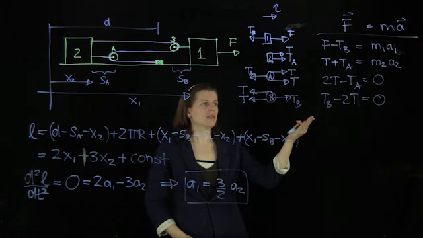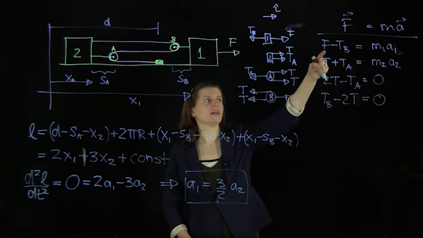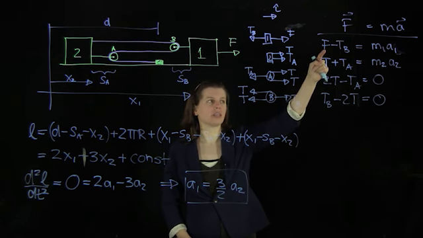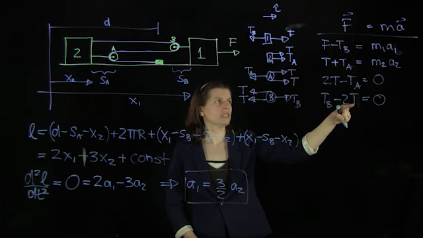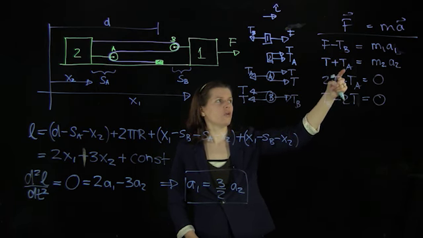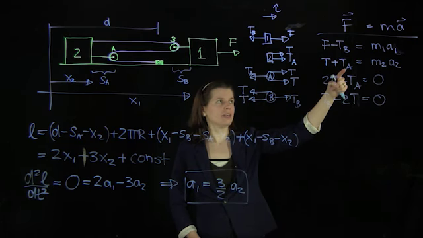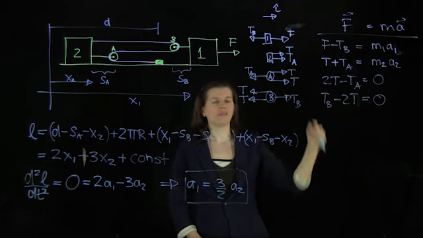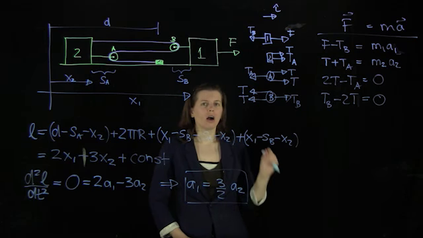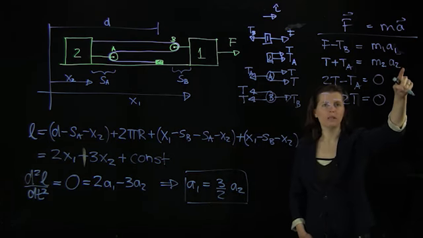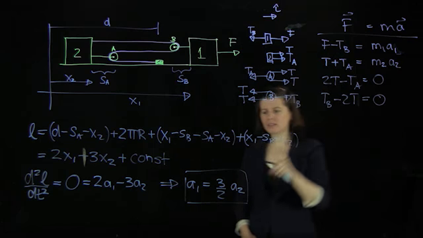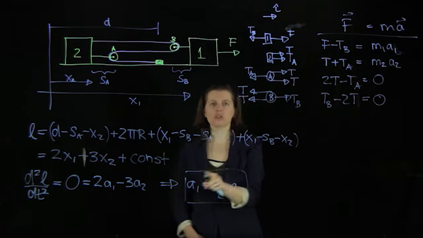And we can use it then, for example, to find this pulling force here. We know what TB is from the equation down here, so 2T. We know what TA is. It's also 2T. And we can then solve this for F. The only sticky part is that we have this A1 and the A2 in here, but for that we derived this constraint condition.